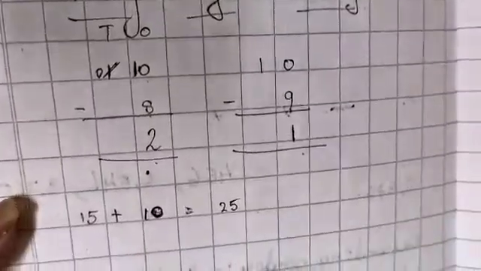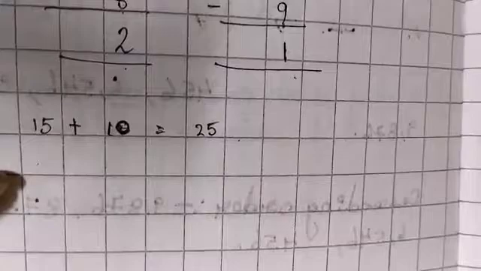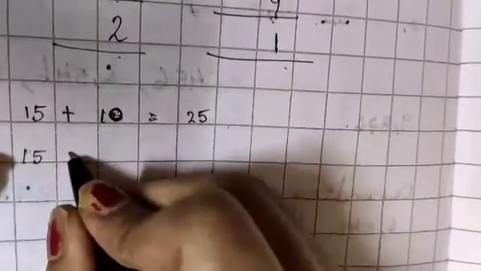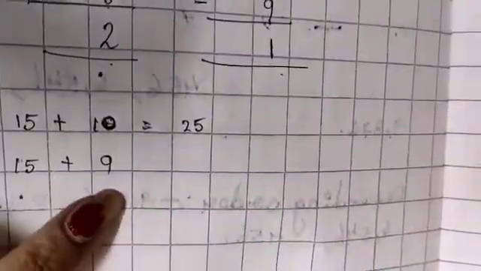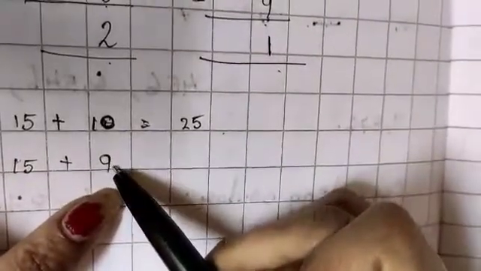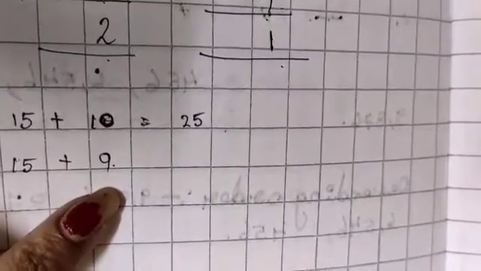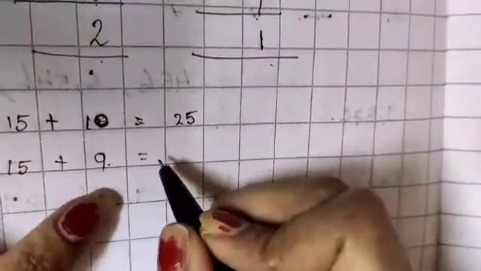For example, now we have to find 15 plus 9 and 15 plus 8. So how are we going to find? 15 plus 9. Now 10 minus 9. If you do 10 minus 9, how much children? 1. Right?